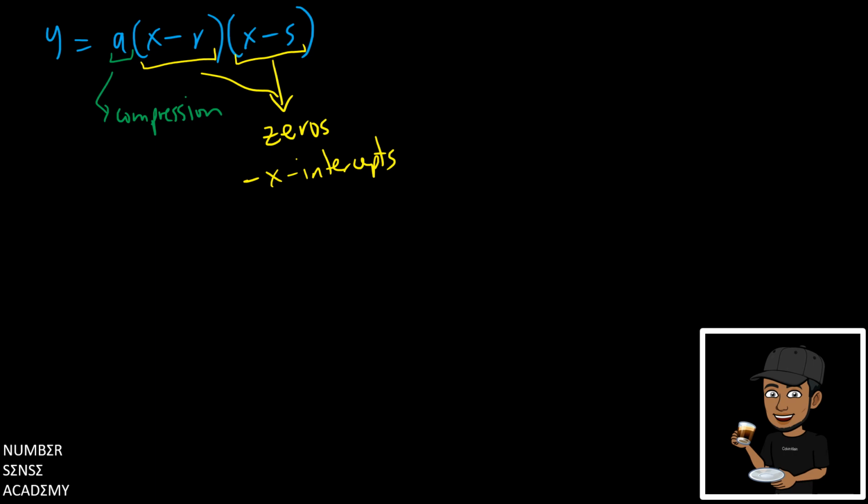Let me just dive into that right now. The reason they're referred to as zeros is because you have a product: x minus r, x minus s. What if I call this u and I call this v? Essentially what I have is u times v. That's a product.